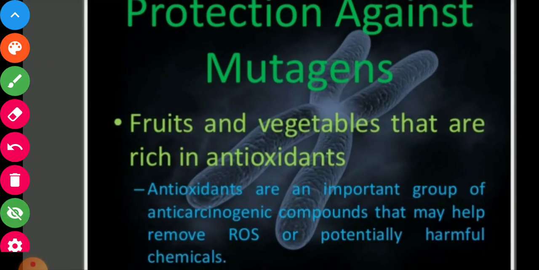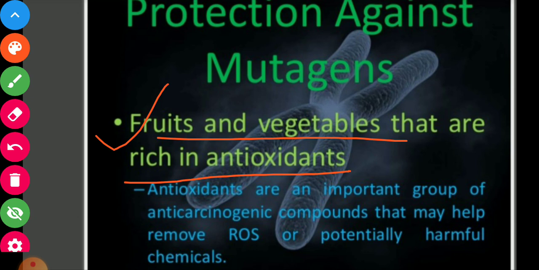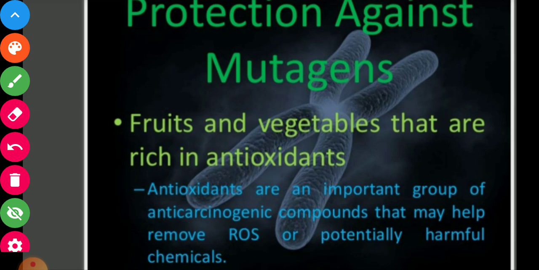Now protection. How can we protect ourselves from mutagens? Fruits and vegetables that are rich in antioxidants can save us from mutagens. So mutation can be prevented by using fruits and vegetables. Antioxidants are an important group of compounds which are very important to protect us from mutations.